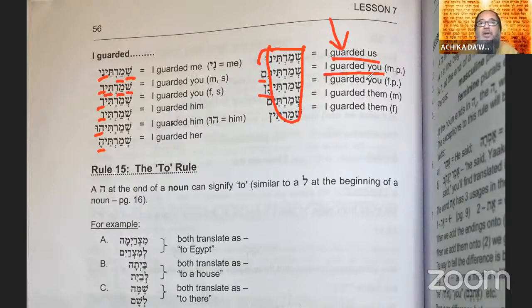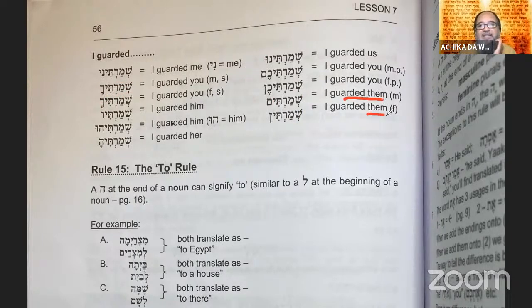Shamartenu, shamartakim, shamartakin, shamartaam. Let me see what that is. Yeah. Shamartim, shamartin. Shamartin, okay, that's feminine.